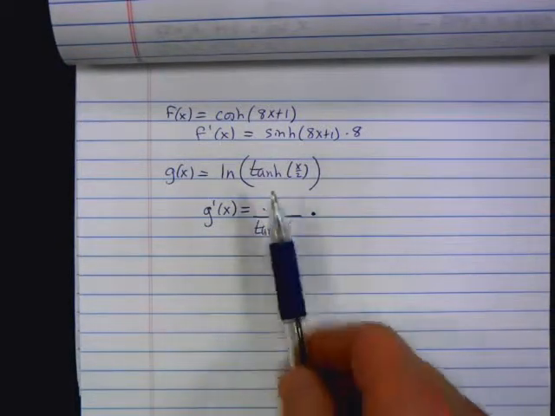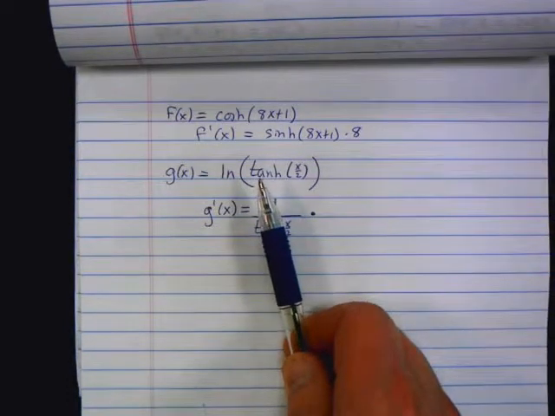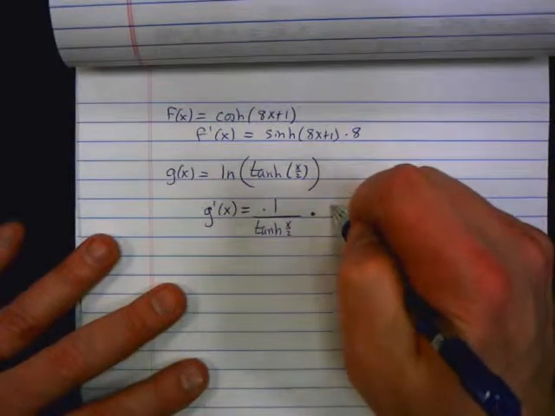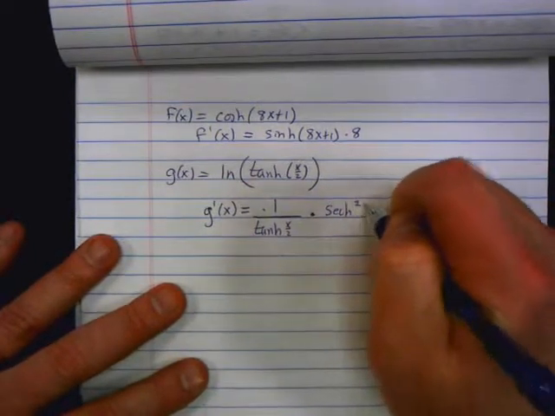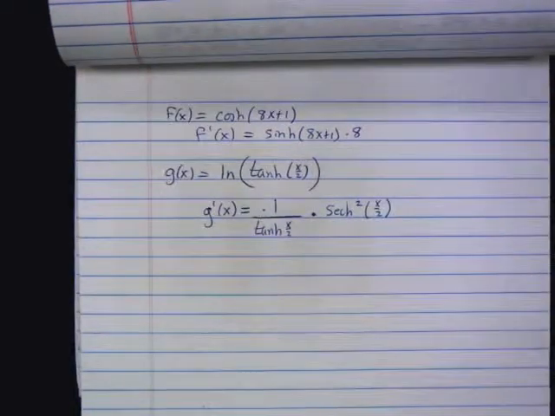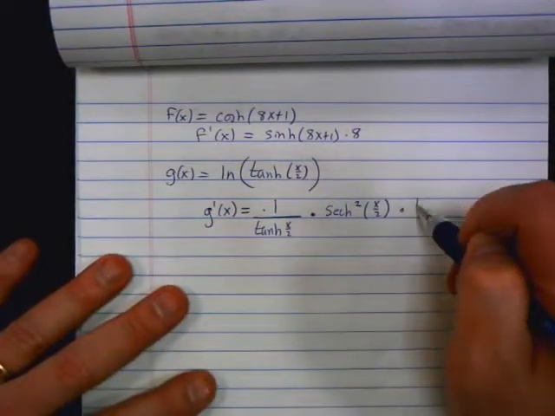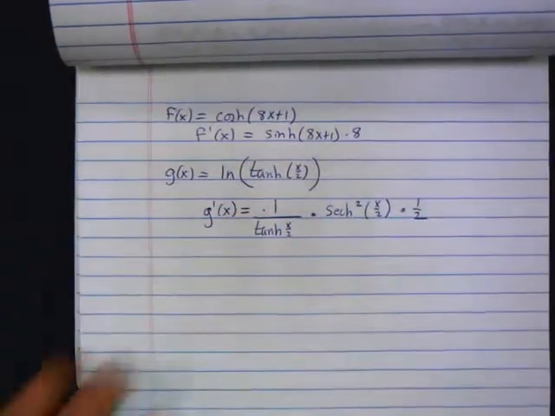We've got to take the derivative of hyperbolic tangent. What was our derivative of hyperbolic tangent? Hyperbolic secant squared of x over 2, times the derivative of the inside again. So this is a double chain rule problem. And the derivative of x over 2 is half.